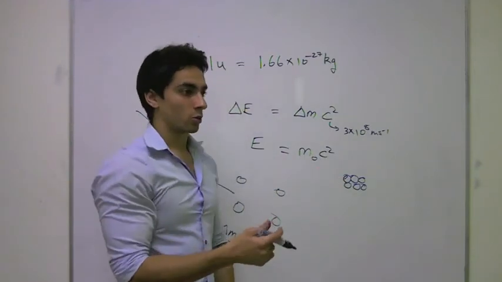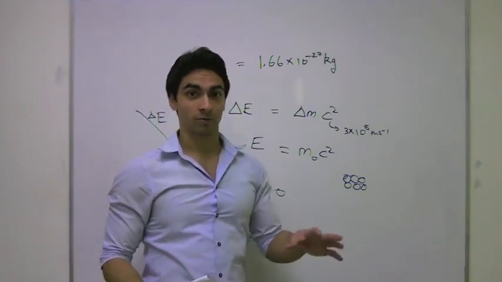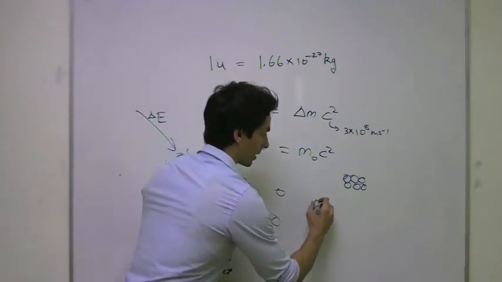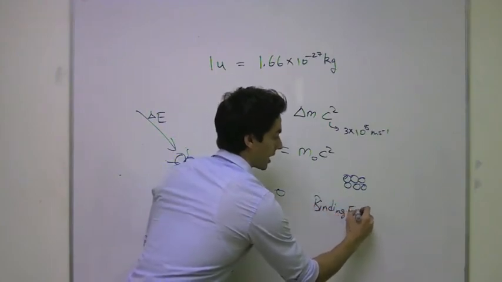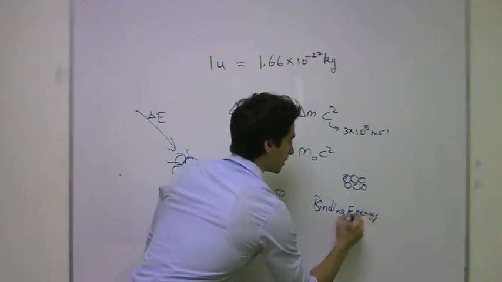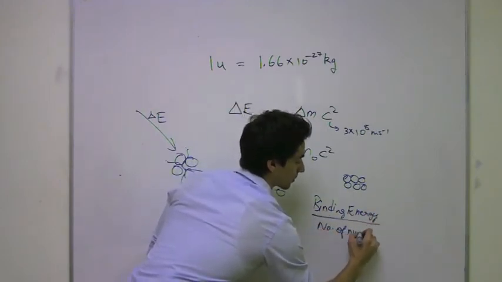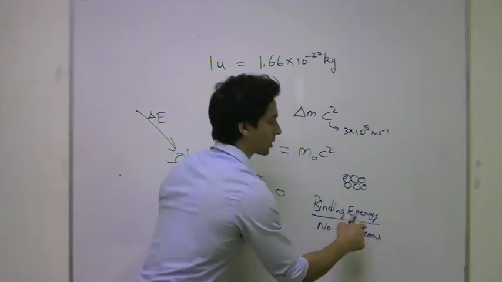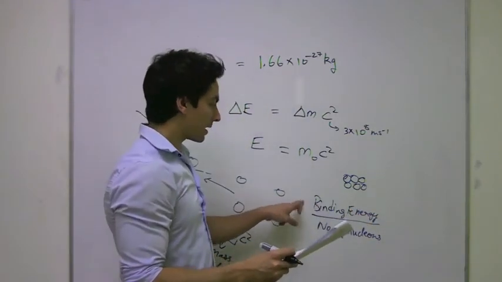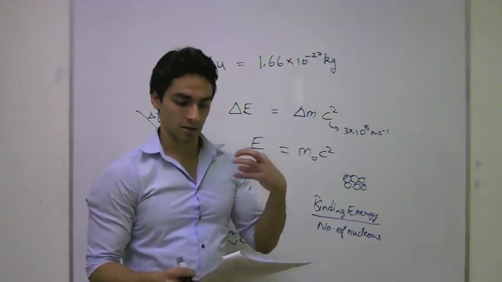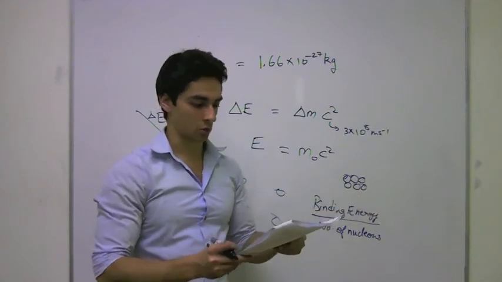So a more standardized way of measuring stability of nuclei is to take the binding energy and then divide it by the number of nucleons. And what you get is the binding energy per nucleon. So binding energy per nucleon is a good method of measuring the relative stabilities of different nuclei.